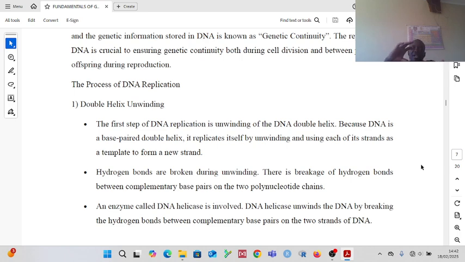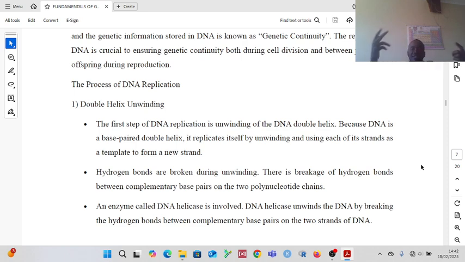We need to unwind the DNA double helix. Think of it as if you have a string that has been rolled over and over until you have a ball of wool. That string you want to sew clothes with has been rolled up. The first thing for you to use that, you must unwind. You must open it up. So that's the first step.